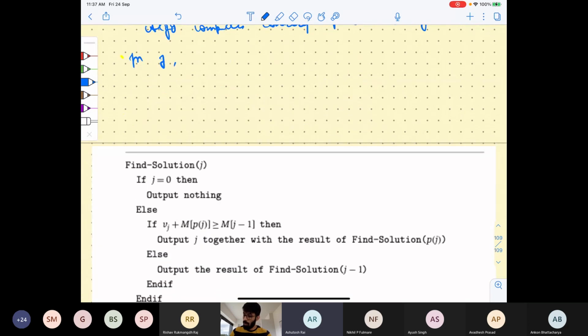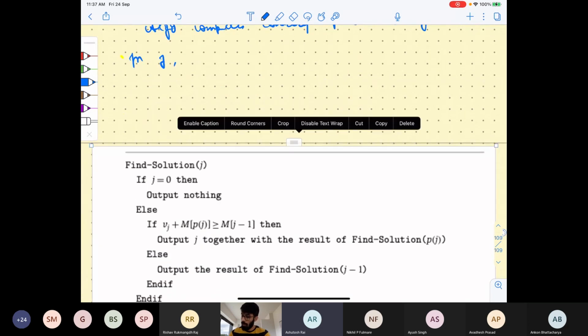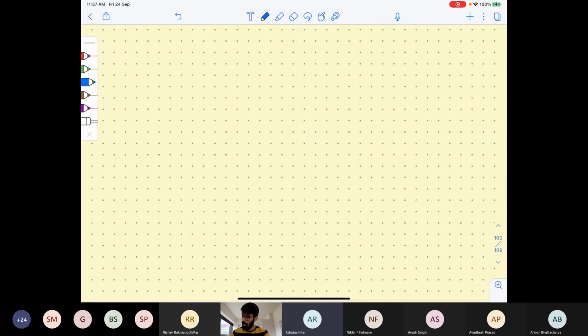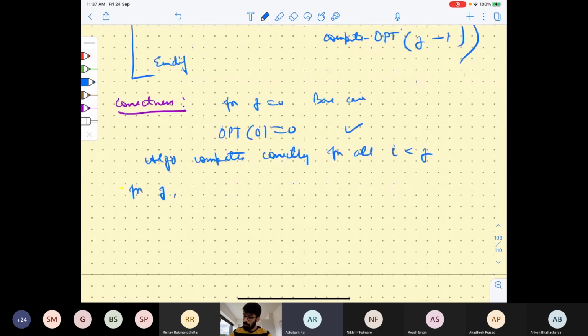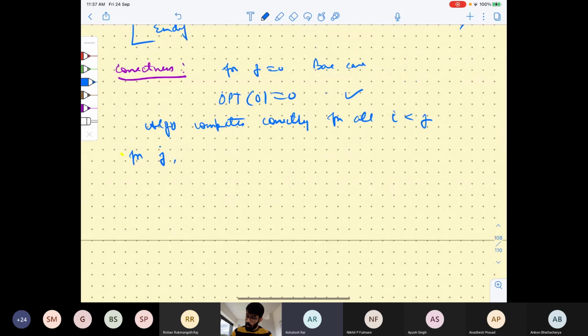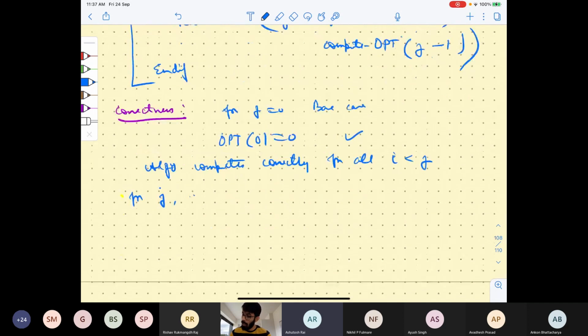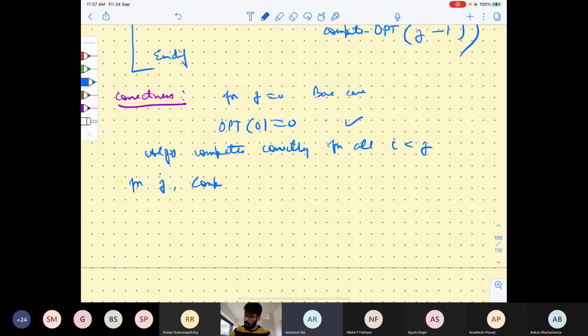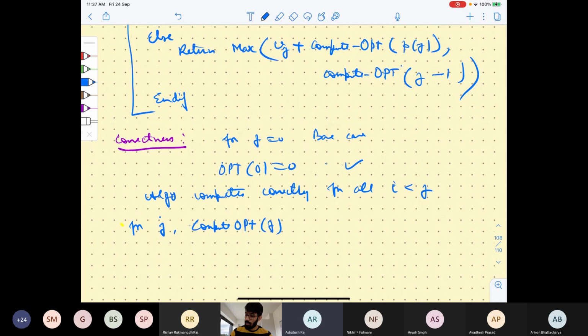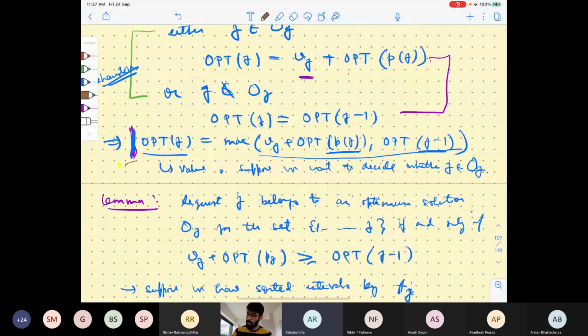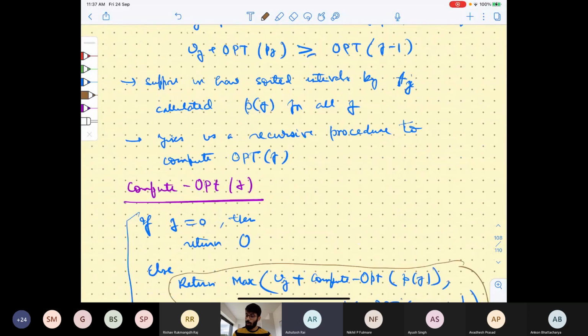What do we want to do? We want to compute opt of j, which returns this value, which is correct because we have shown that it is equal to opt of j.